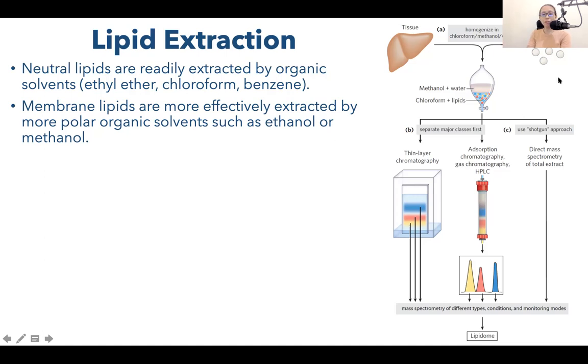In the procedure, if you have read it, first you have the chloroform-methanol mixture, right? Chloroform-methanol mixture plus 1% sodium chloride.